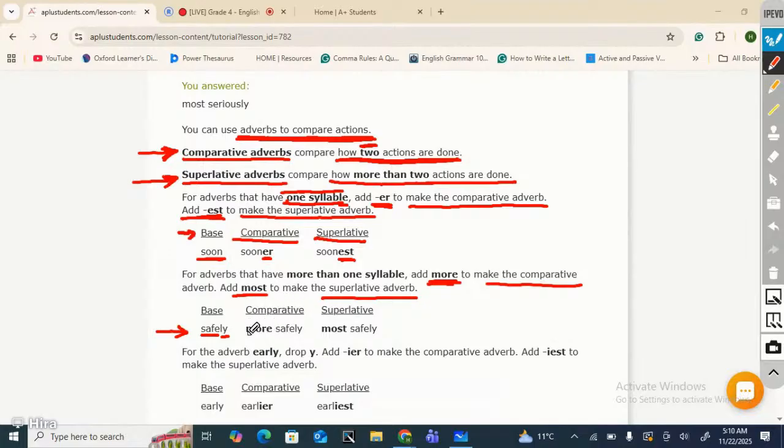So to make the comparative adverb, add more: more safely. And to make the superlative adverb, it becomes most safely. And for the adverb early, just for this one, drop y, add ier to make the comparative adverb, and add iest to make the superlative adverb.